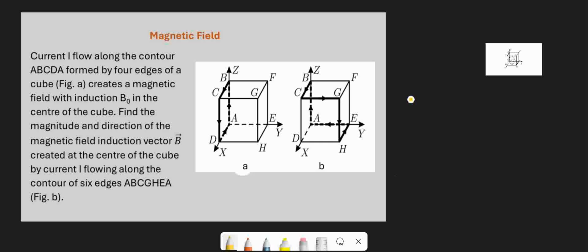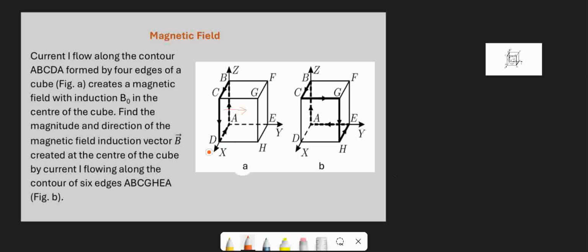So from symmetry considerations and the right-handed screw rule, it follows that the magnetic induction B naught created by this contour ABCDA is, I guess, along the y-axis, simply in this direction at the center of the cube.